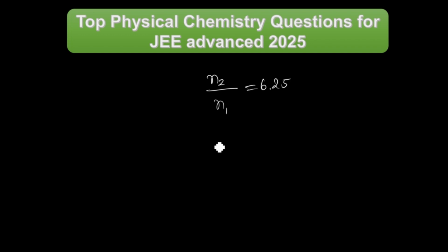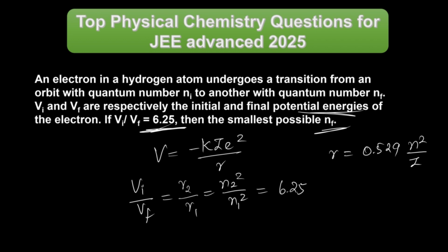So if I am taking the square root, n2 square by n1 square equal to 6.25.